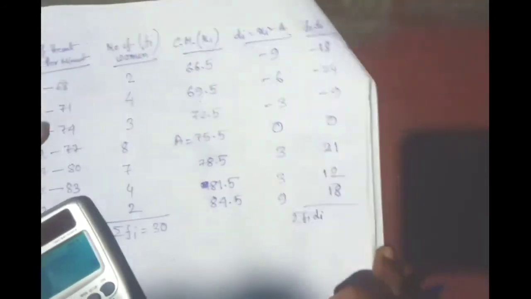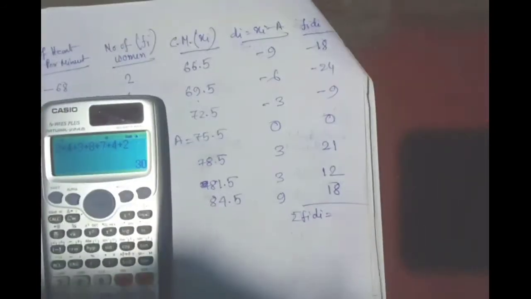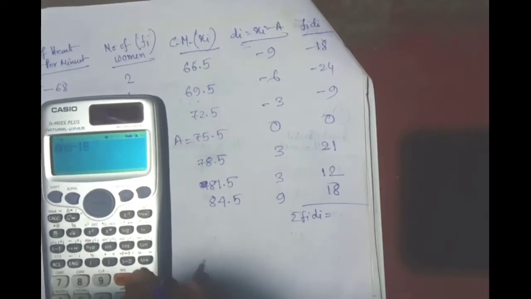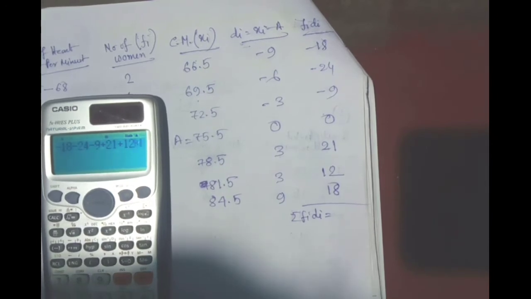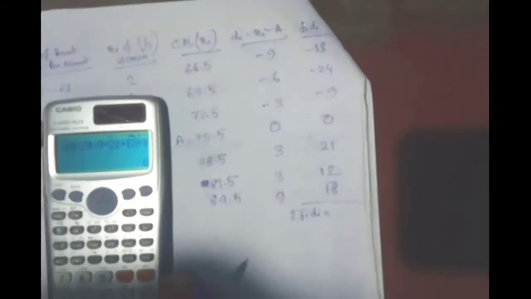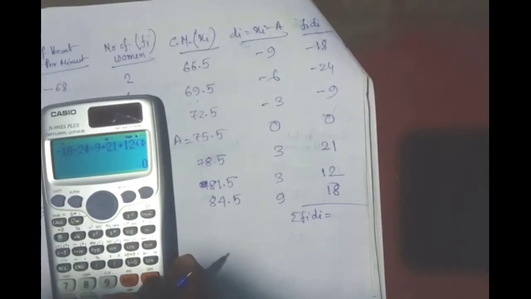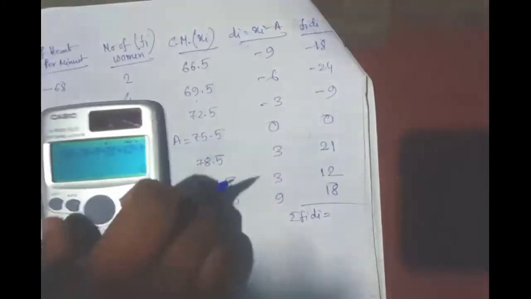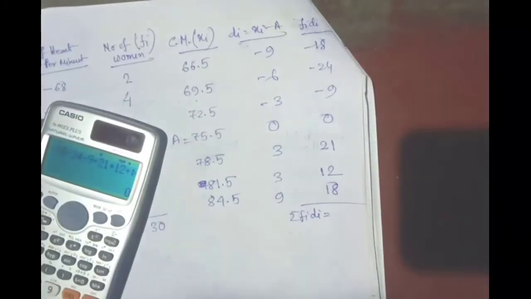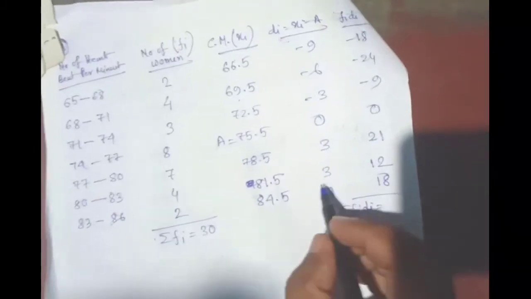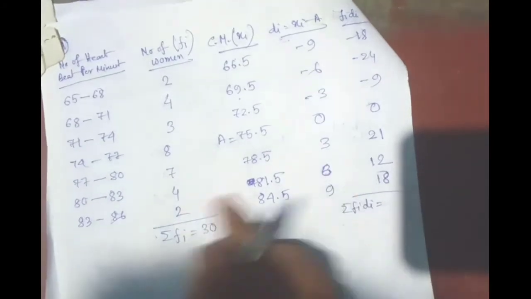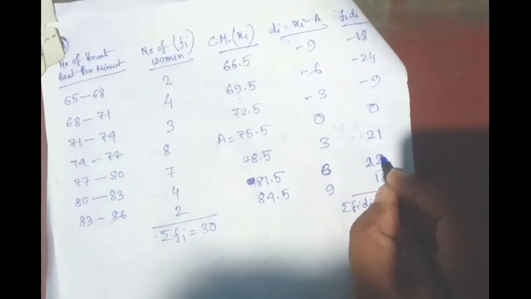And summation of FIDI, that will be minus 18 minus 24 minus 9 plus 21 plus 12 plus 18. Okay, so this will be plus 6 and this will be plus 24.